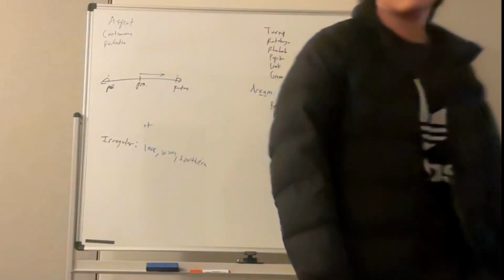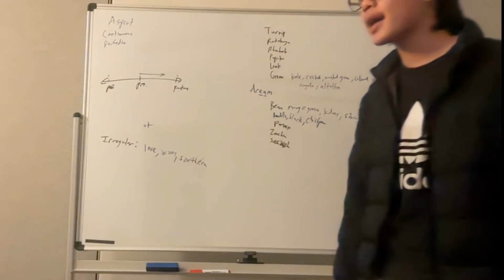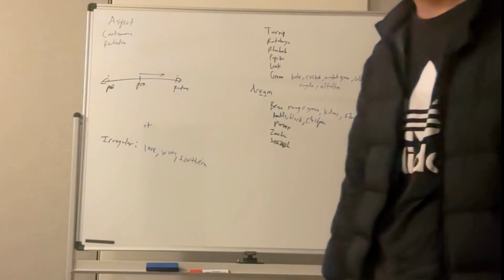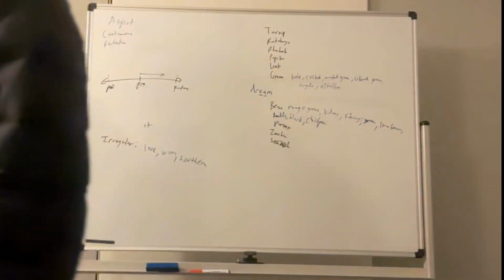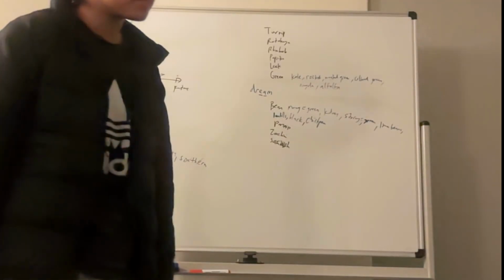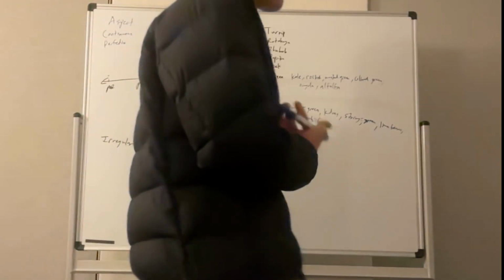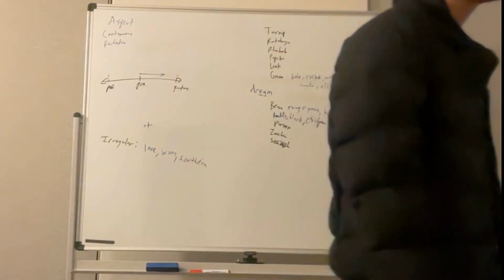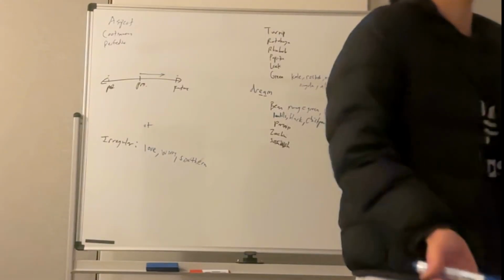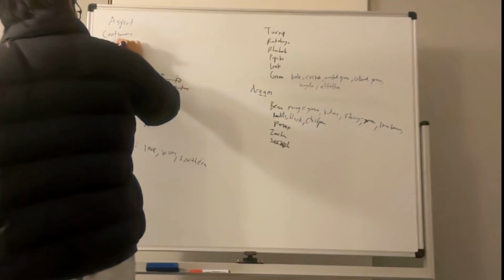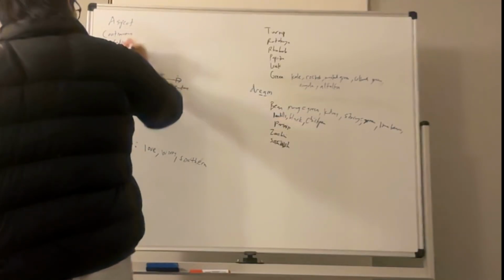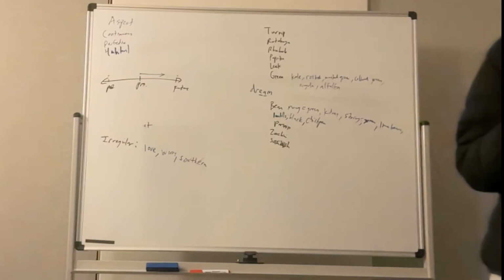For example, I run. If I say I run, it means, in traditional English at least, I run. But I just realized I need a third one here. If I say I run, what does that mean?